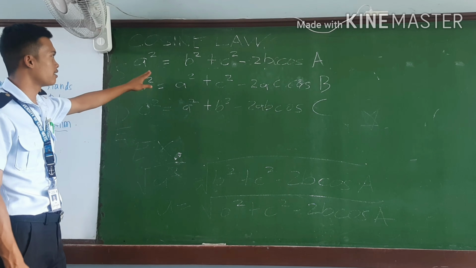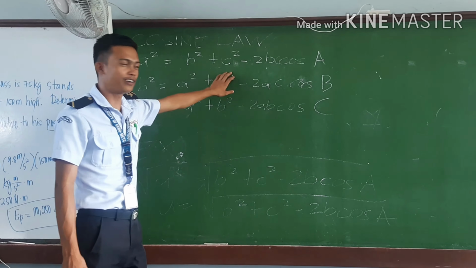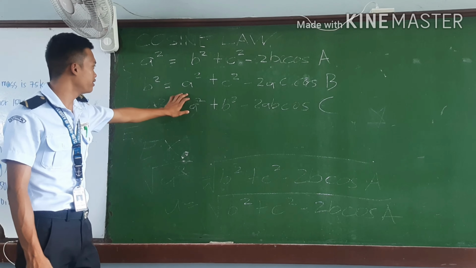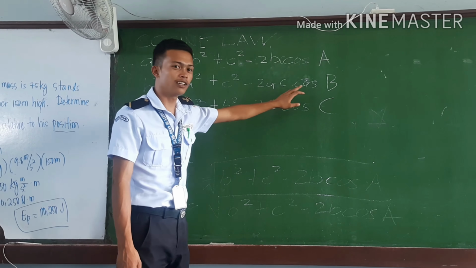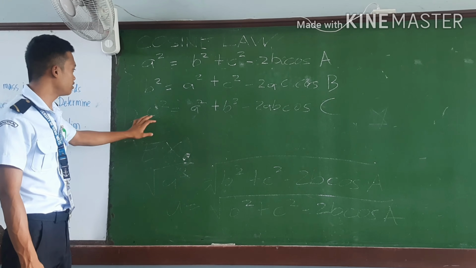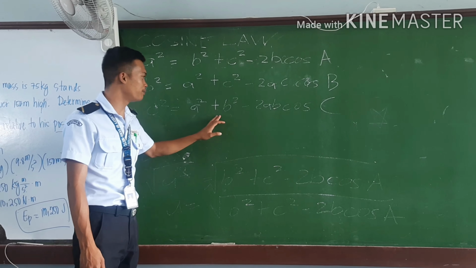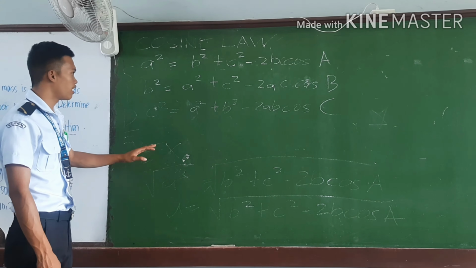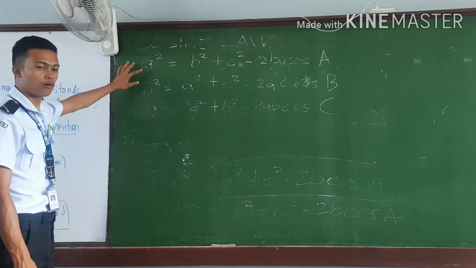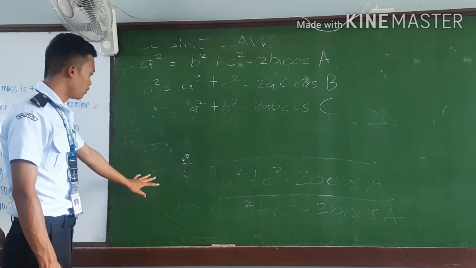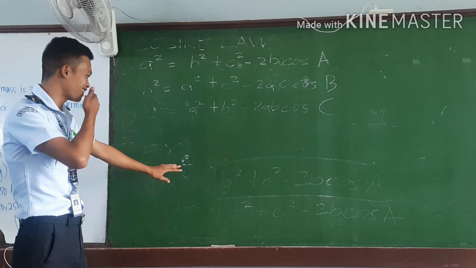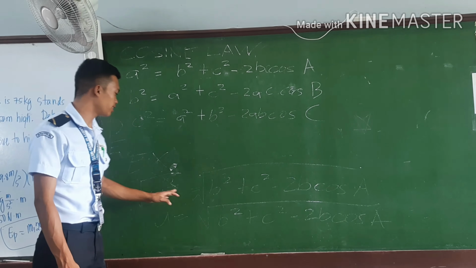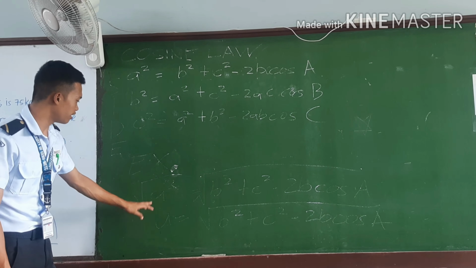For side A, A squared equals B squared plus C squared minus 2BC cosine A. And B squared equals A squared plus C squared minus 2AC cosine B. And for C squared equals A squared plus B squared minus 2AB cosine C. For example, I solve for the formula of side A. We need to take the square root of both sides to get A. And after that is the answer.